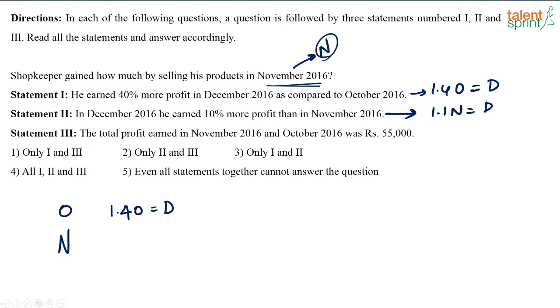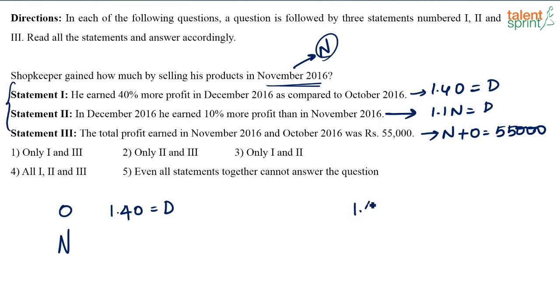Now here, look at the third statement. What is given here? The profit earned in November and October put together is 55,000. This is the third statement. So using the third statement alone, I cannot say what is the value of N. But if I combine these three pieces of information that I have, what do I have?